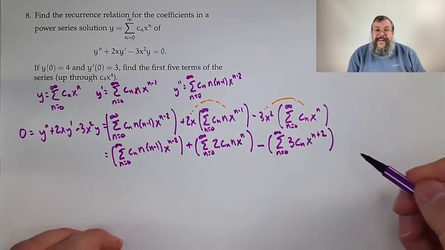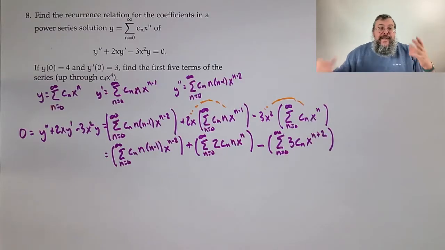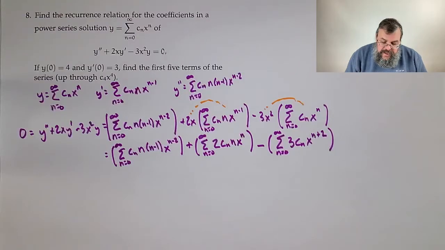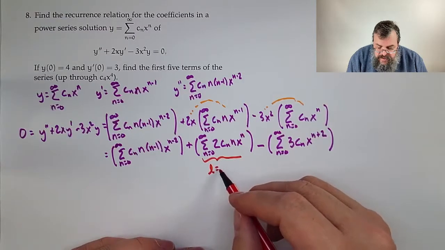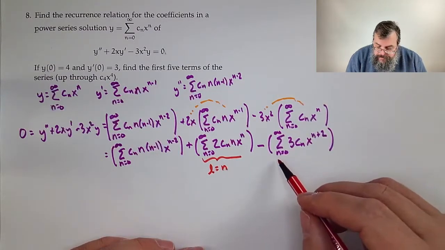All right. Now, what comes next? Well, the next thing is we need to shift, so that all our exponents look the same. So here, we're pretty happy, so we'll just say L equals n. Now, how about here?